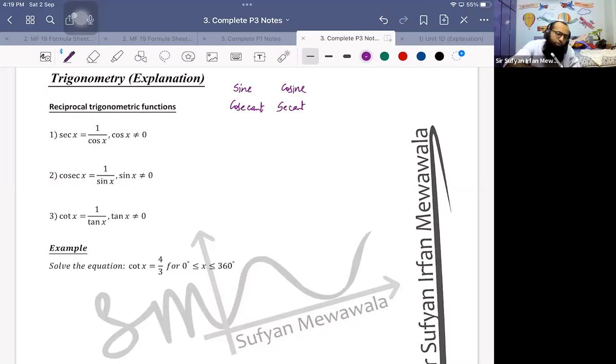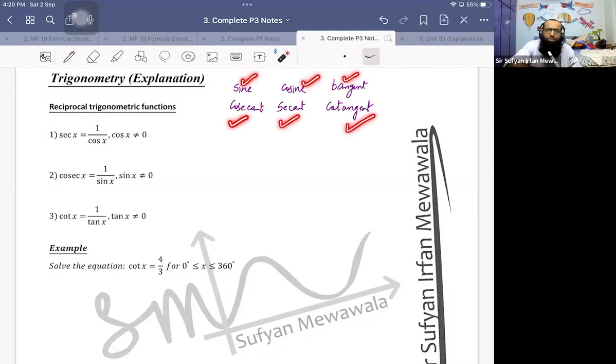And the reciprocal of tangent is cotangent, cot. So we call sine, cos, tan. We call cosec, sec, and cot in short form. So sec x is 1 upon cos x.